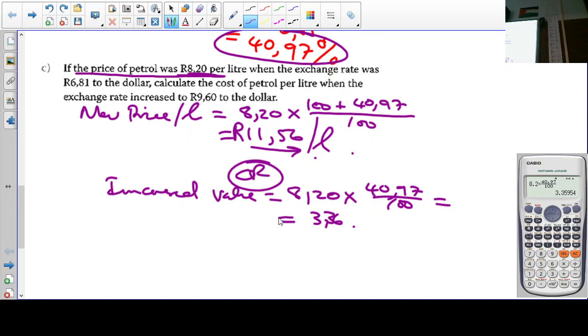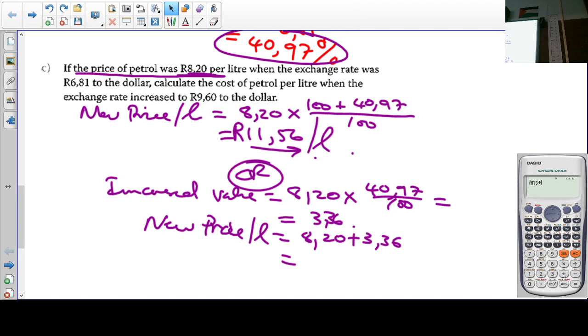So that's the increased price. So the new price per litre is going to give you 8 Rand and 20 cents plus 3.36, which gives you 11.56 anyway. Okay, so either way is going to be the correct means of calculation. Okay, you guys understand? Any confusion, people?